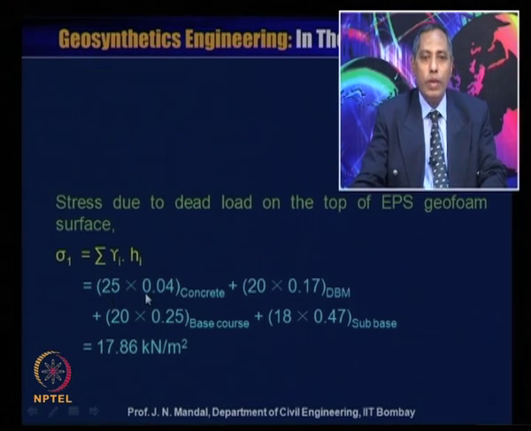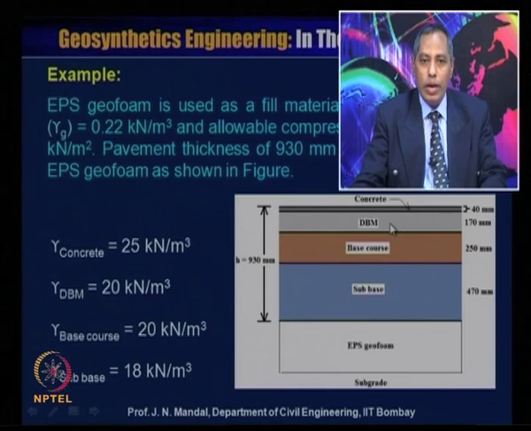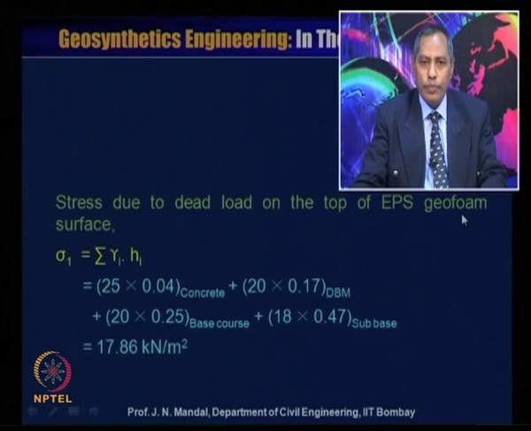So, 25 into 0.04 for concrete, plus for DBM, gamma DBM is 20 kilonewton per meter cube and thickness is 170 millimeter, so 20 into 0.17 for DBM.